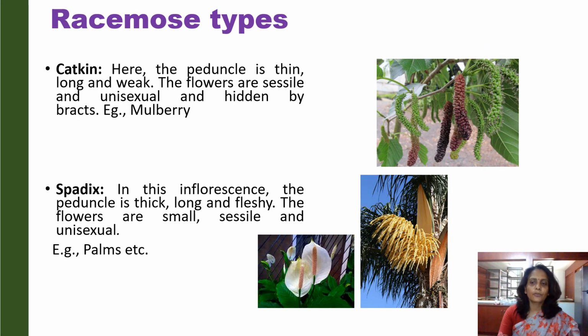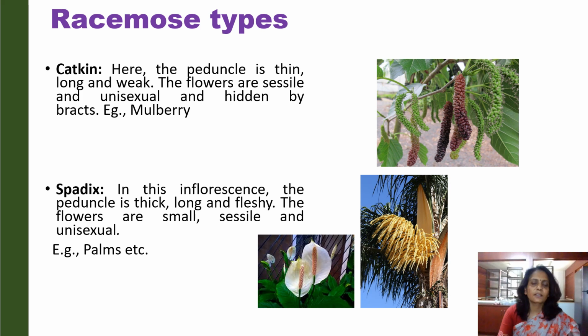In a catkin type of inflorescence, the peduncle is thin or weak, a little longer, and bears a number of sessile unisexual flowers. These are hidden by small bracts. The best example is what you see in mulberry.